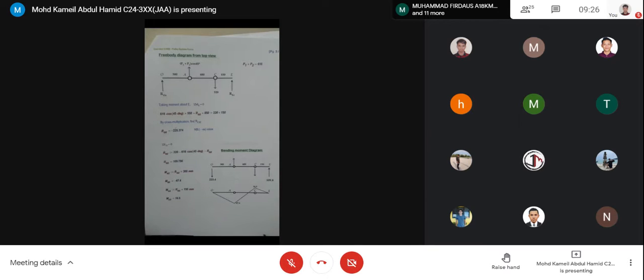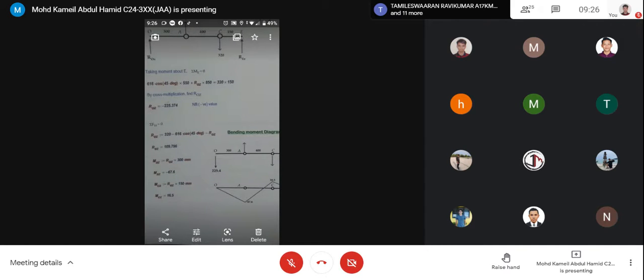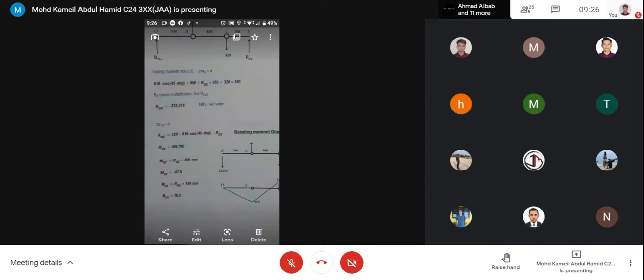Okay, once you get the value, okay, you can draw your bending moment diagram. Get your bending moment diagram. Get your value. MAZ. MAZ is minus 67.6. Okay, MAZ minus 67.6. Okay, kemudian MCZ.